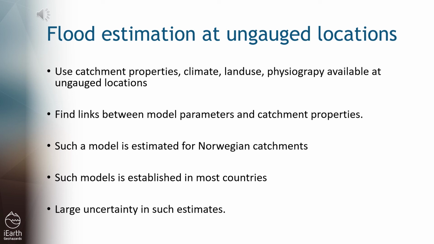Be aware that there are large uncertainties in such estimates. It is reasonable to assume that the 95% confidence interval has 55% of the estimated flood as a lower limit and 180% of the estimated flood as the upper limit. It is almost always better to use observed flood data if the record is long enough.